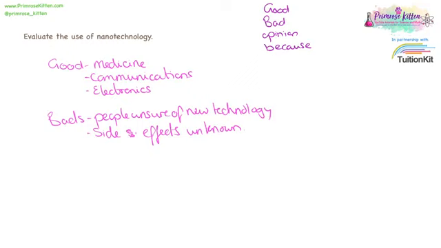Now, the tricky thing with this question is just writing the good things and the bad things will get you maybe 4 marks, because if you write this in 4 sentences, you'll have written quite a lot. You have to give your opinion, so you can say, I think that is good or bad.